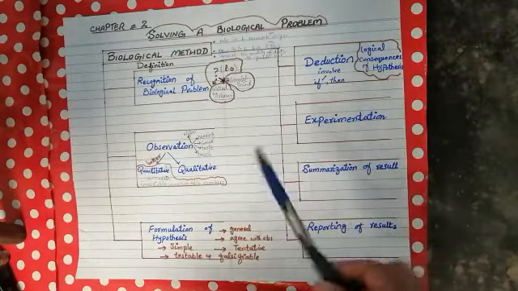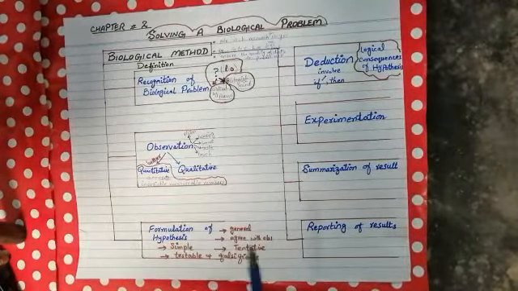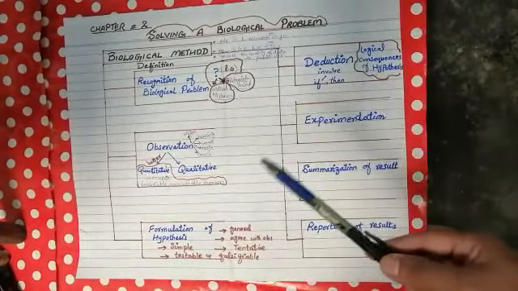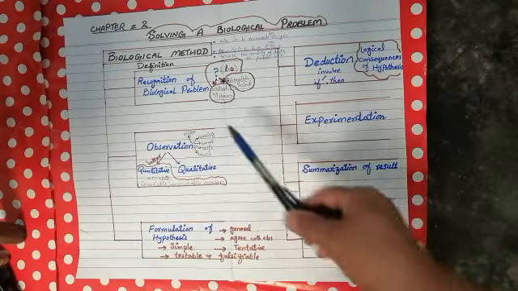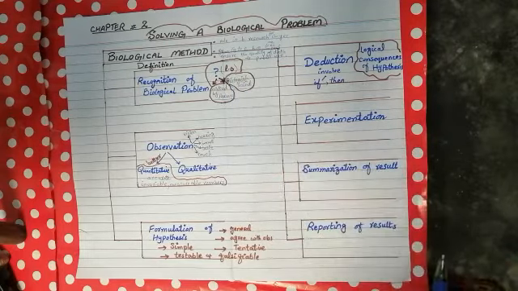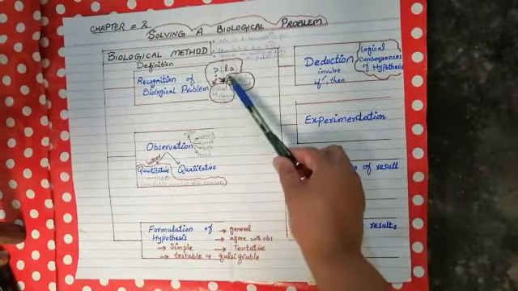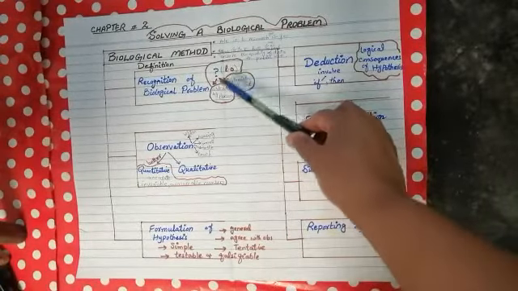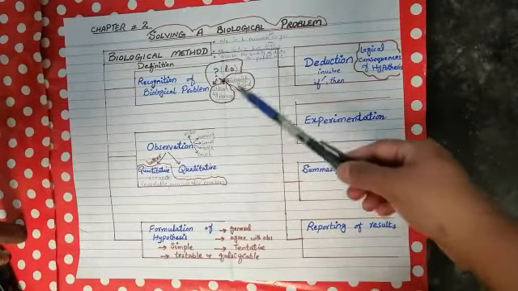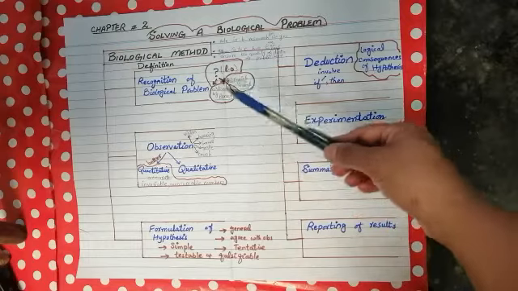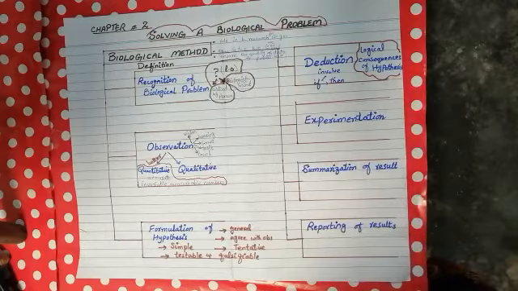Now first one is recognition of biological problem. What is biological problem? When we talk about biological problem, what does it mean? It means the problem related to living organisms, maybe to a plant, animals, some microscopic organisms. These may be any type of problem related to any type of living organisms.